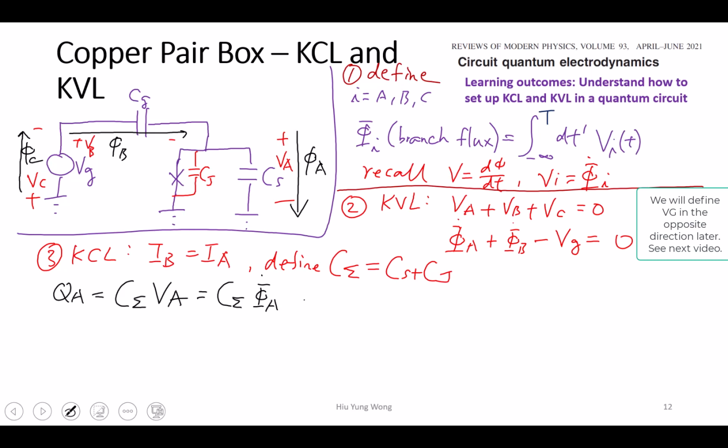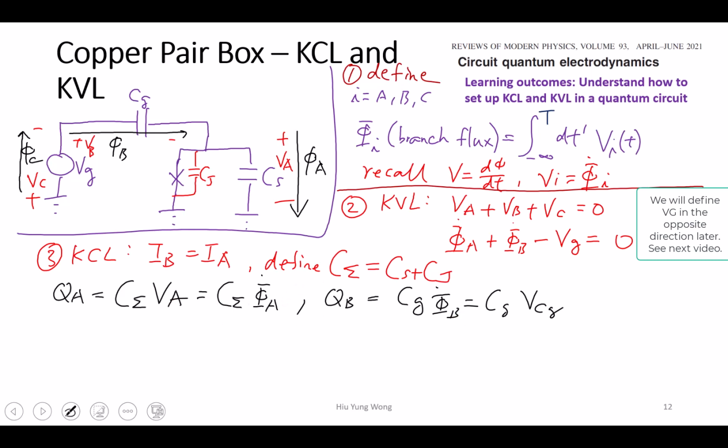I'm going to do the same thing for QB. QB, of course, equals CG times the time derivative of the flux. This is just CV, the capacitance times the voltage across it, then I get this.